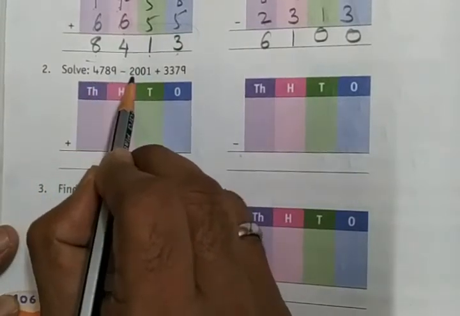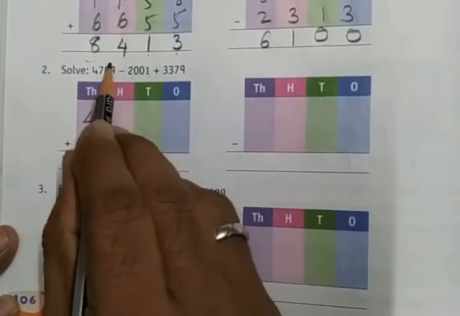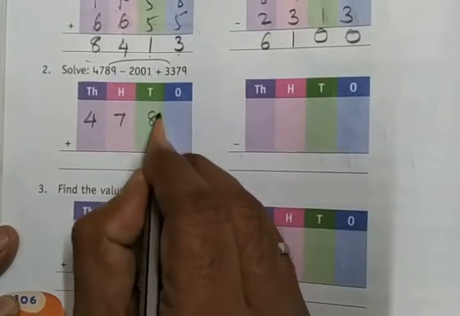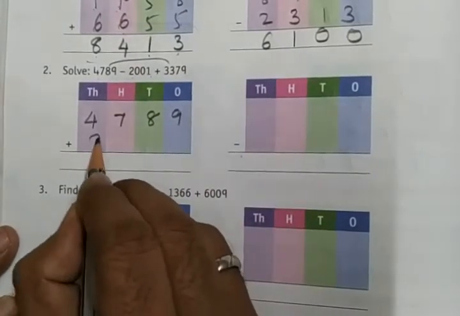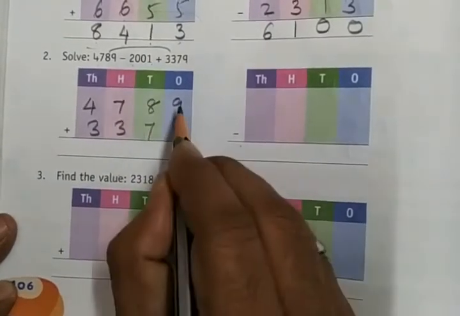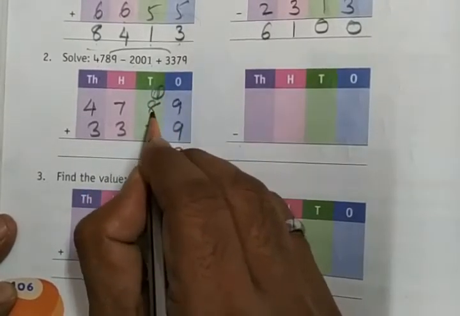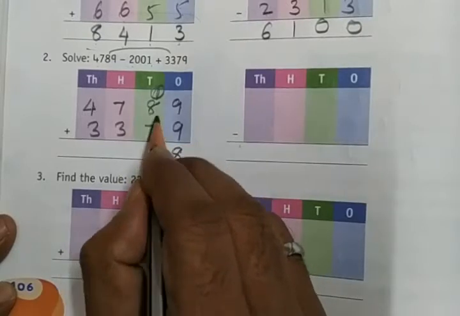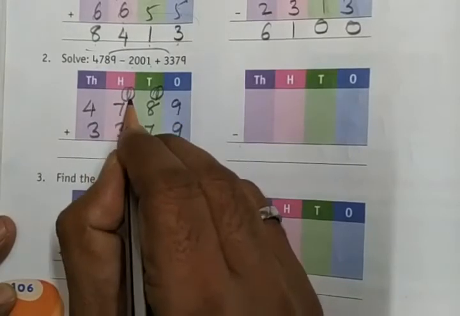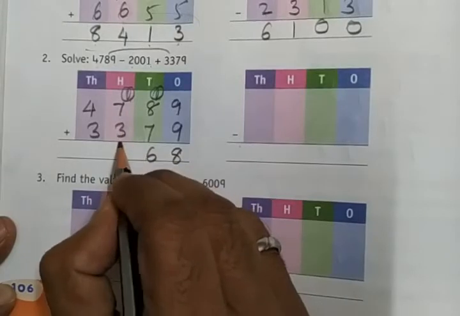Okay, right. So based on this, again solve. 4789 minus 2100. Here first we have to add both together first. Addition we have to do first. 4789 plus 3379. We have to add these two. 9 plus 9 is 18. Carry 1. 1 plus 8 is 9. 9 plus 7 is 16. Carry 1. 1 plus 7 is 8. 8 plus 3 is 11.